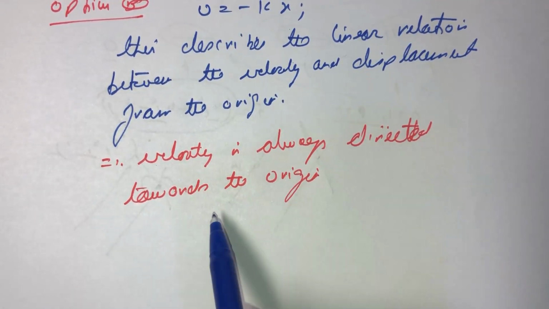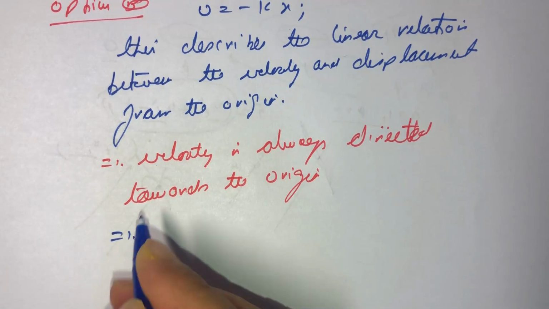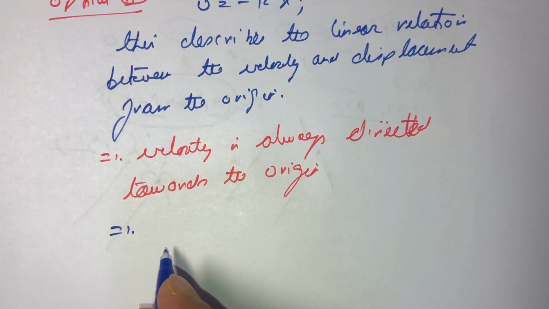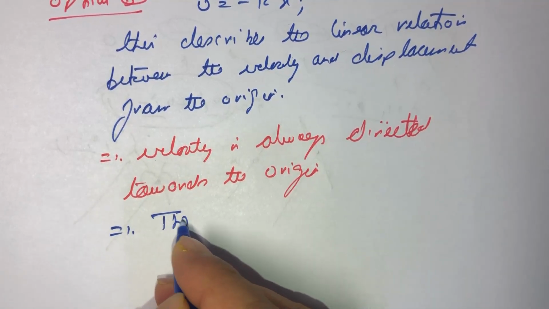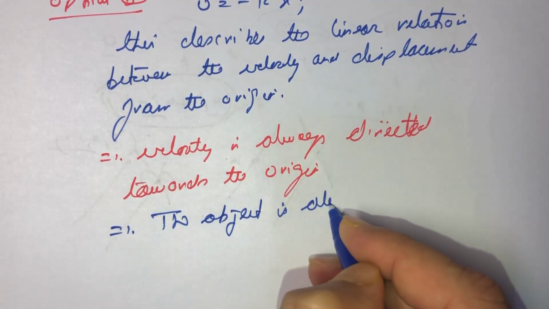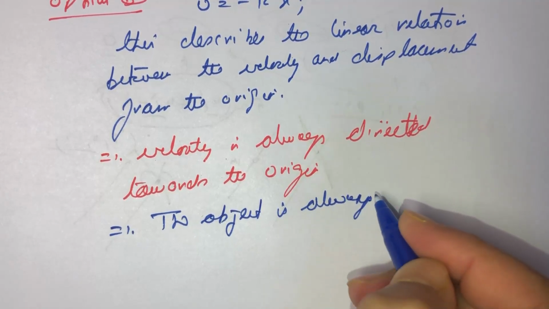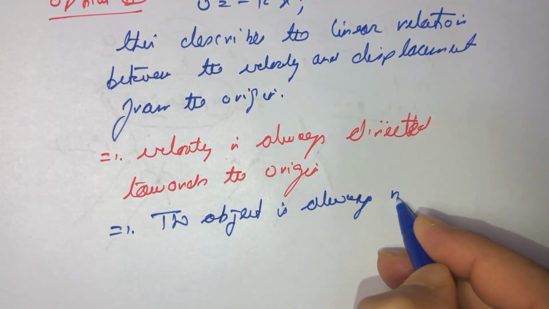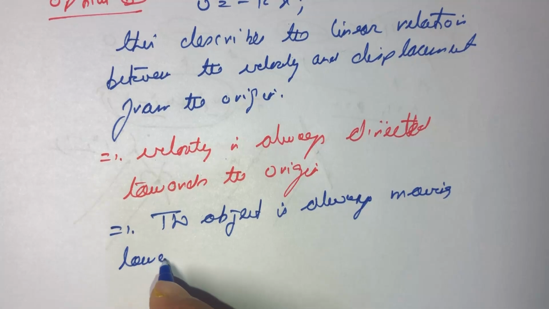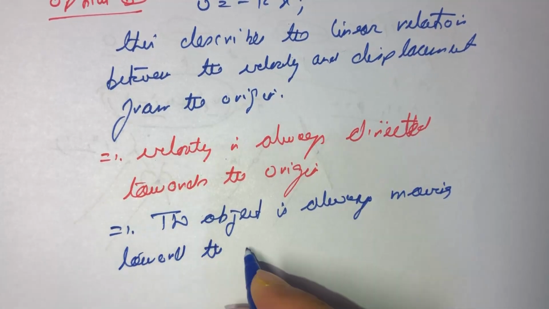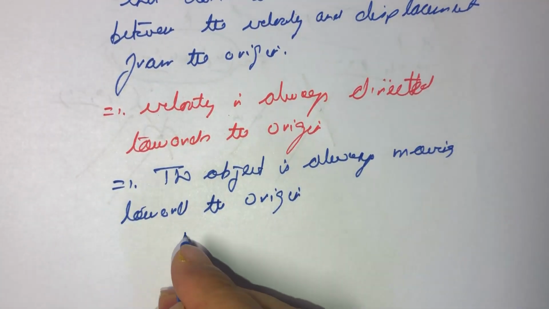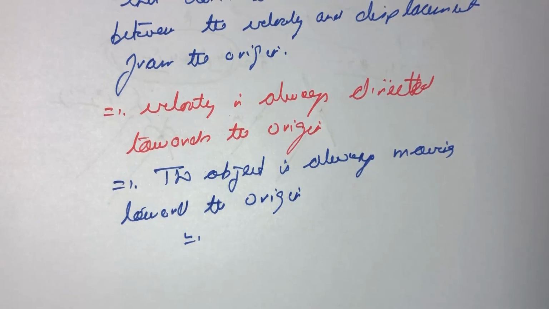The velocity is always directed towards the origin, so we can say the object is always moving towards the origin, therefore no change in direction.